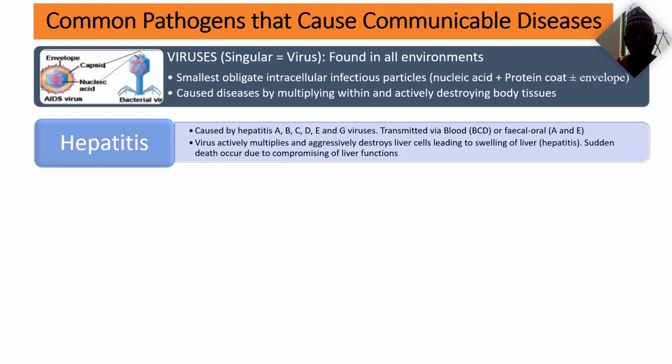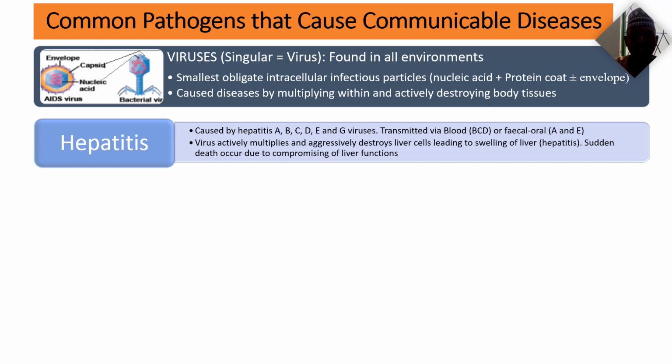Hepatitis is generally an infection of the liver that is commonly caused by five different viruses, which include hepatitis A virus, hepatitis B virus, C, D, E, and G viruses. Out of these, hepatitis B is the most common and produces one of the most severe cases of hepatitis, and is the most common in our environment.